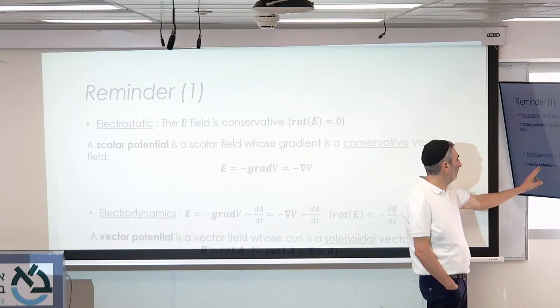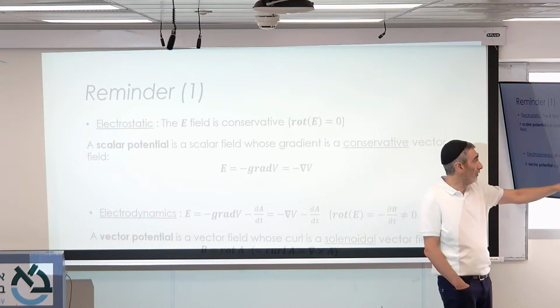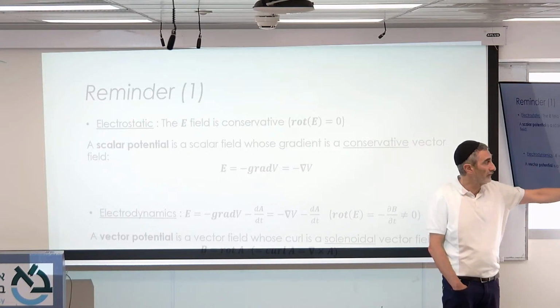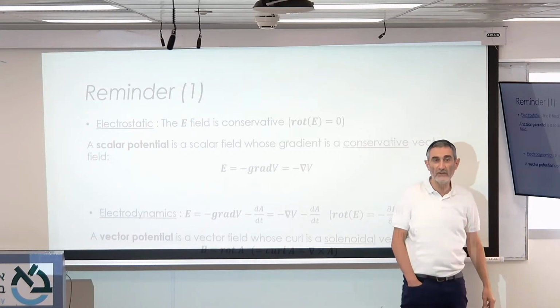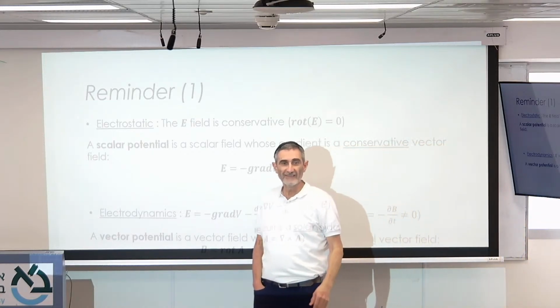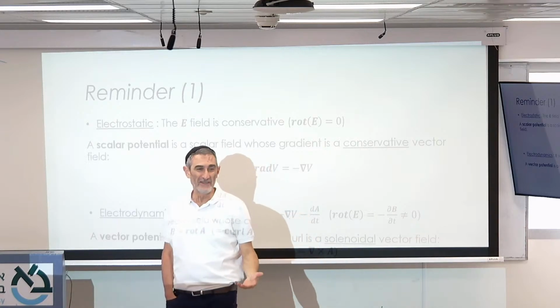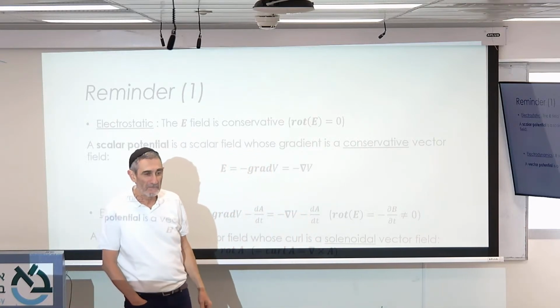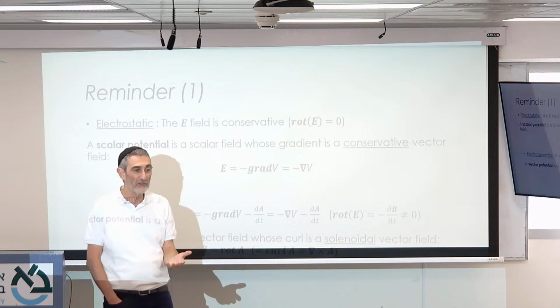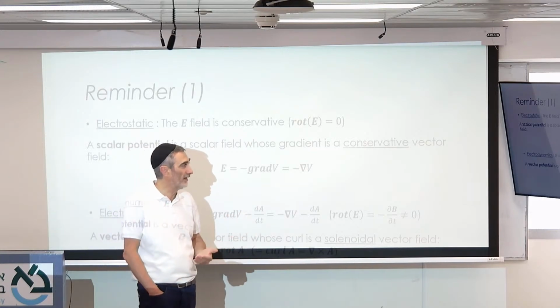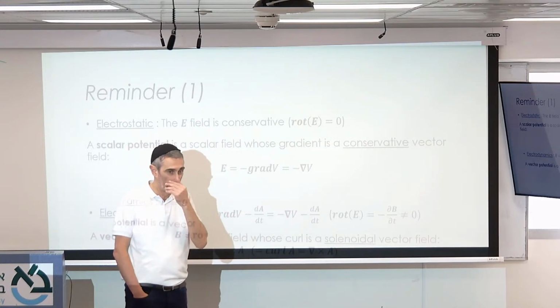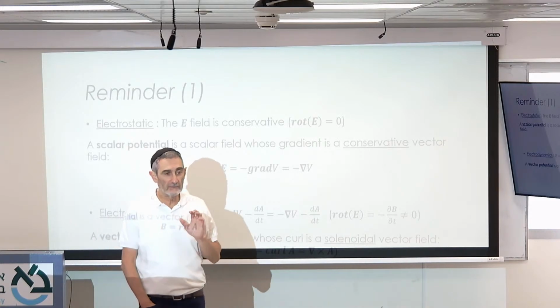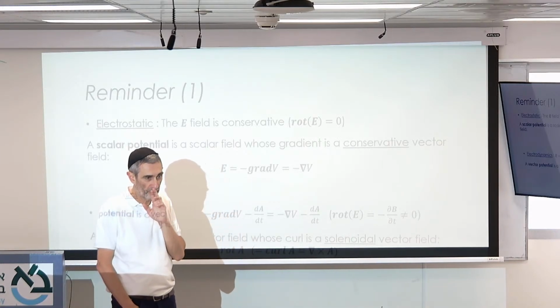You have to realize that the vector potential is a vector field whose curl, or rotational, is B, and B is a solenoidal vector field. You know what a solenoid is? It's like a spring that is closed. But what do we mean by solenoidal vector field?